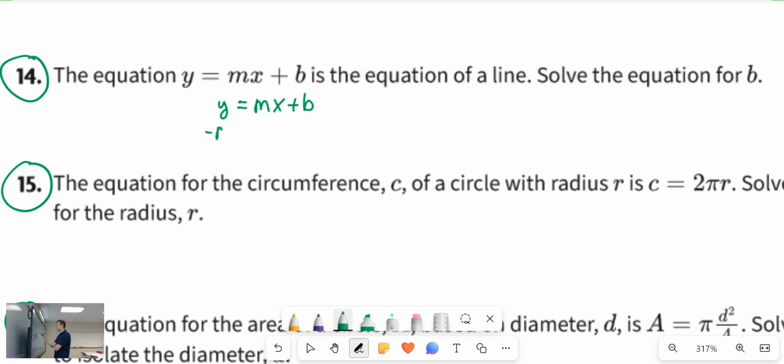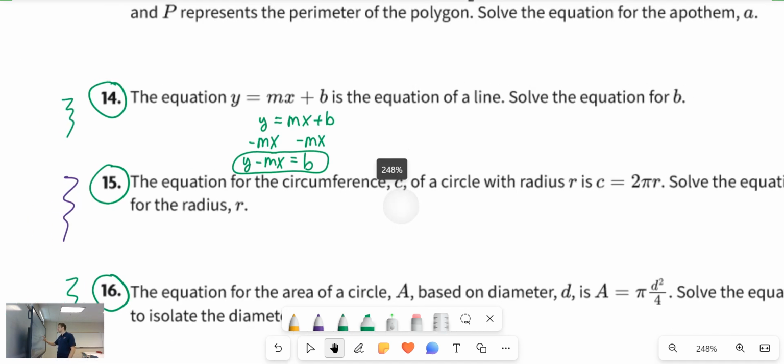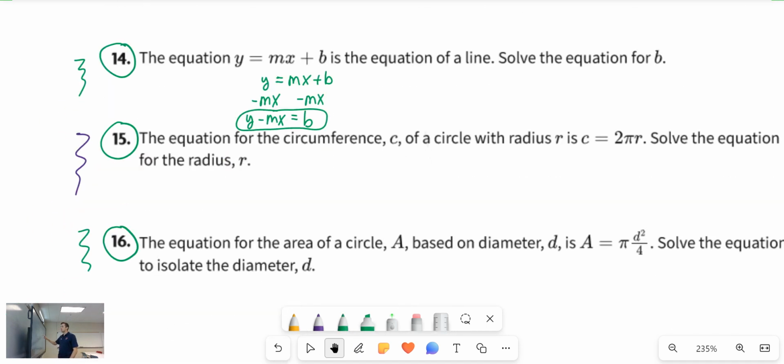So let's subtract mx from both sides. We should have y minus mx equals b. Perfect. That was very straightforward. All right, that was easy. I hope the next one is just as easy as that.